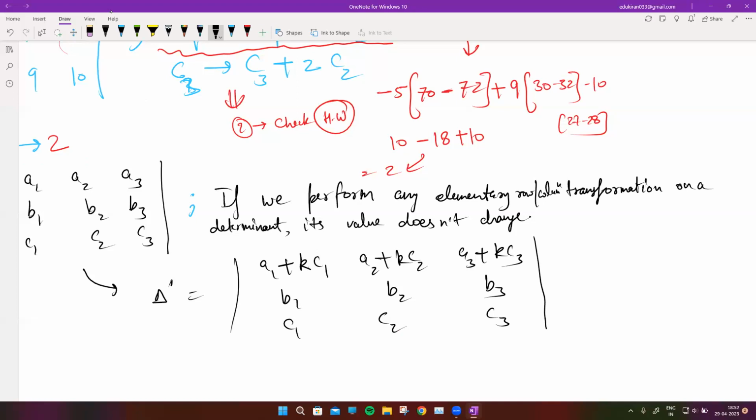Which operation did we apply? How can I get delta dash from delta? Delta is A1, A2, A3, B1, B2, B3, C1, C2, C3, and delta dash is A1 plus K times C1.